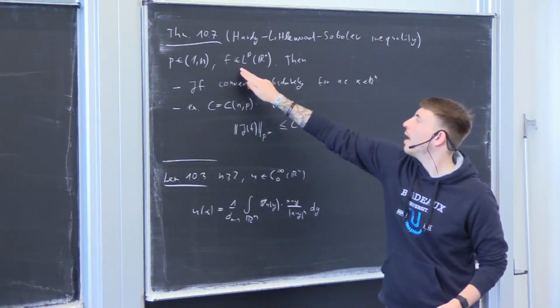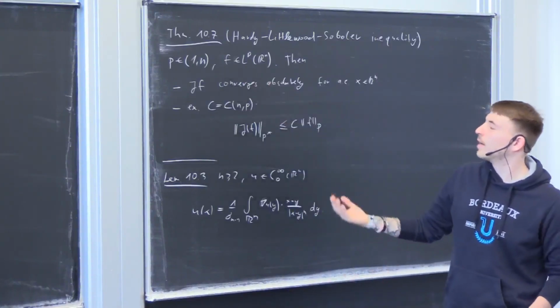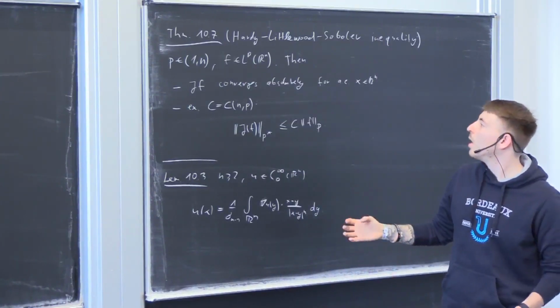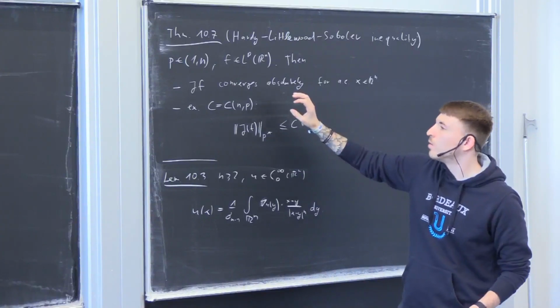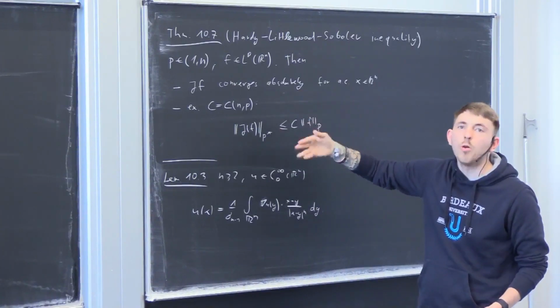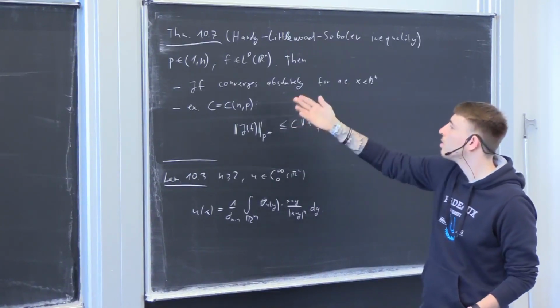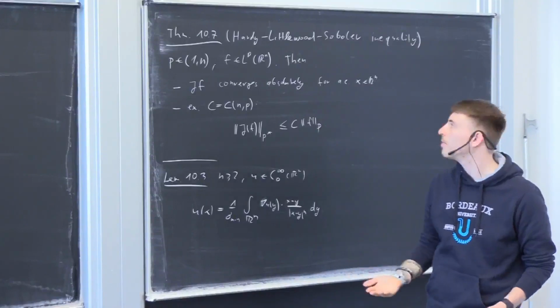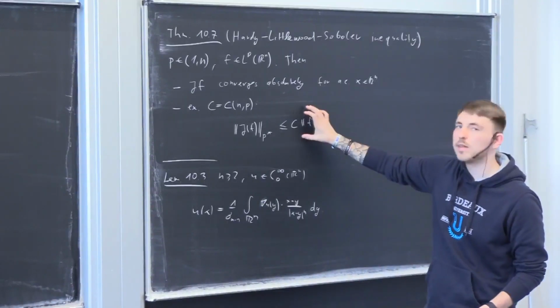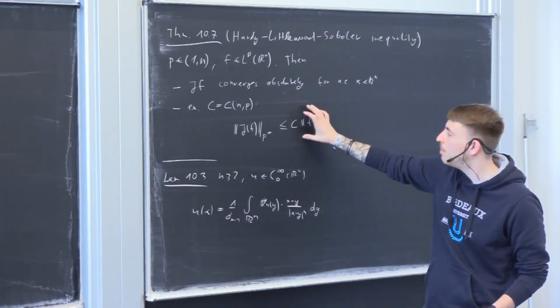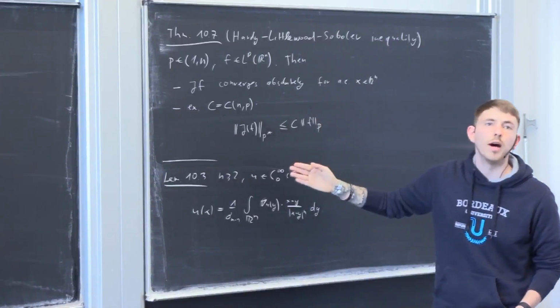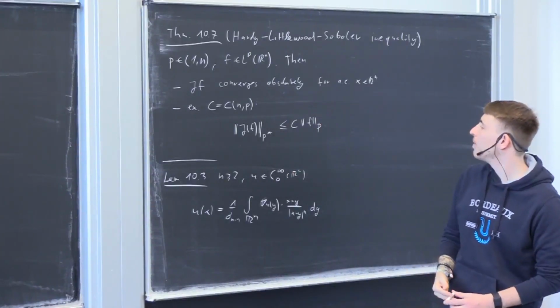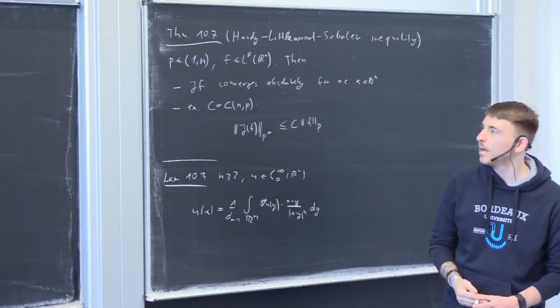We took this function f from Lp, and then we claimed that on the one hand, the Riesz potential gives an almost everywhere defined measurable function, so the defining integral converges absolutely, and we also get this mapping property from Lp to Lp*, where p* was the upper Sobolev conjugate.